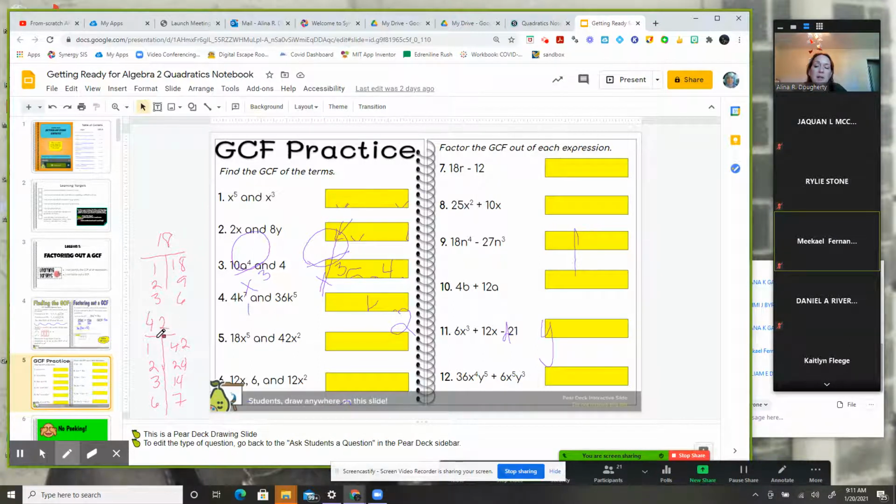In 42, it's the same process with 1, 2, and 3. 42 divided by 4 isn't a whole number, so I don't use 4. 42 divided by 5 is not a whole number, so I don't use 5. 42 divided by 6 is 7, so I got to use that one. Once these bottom two numbers get close to each other, you don't need to do it anymore. So what's the biggest number that appears in both sets of numbers? Absolutely, that's 6.